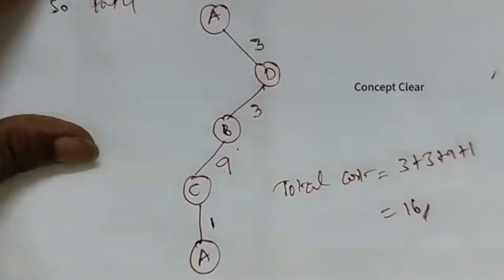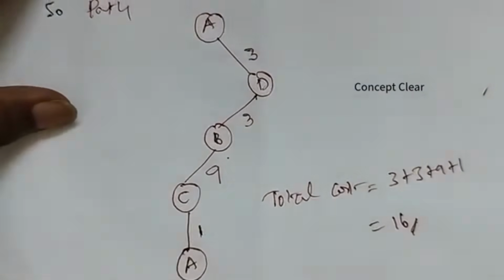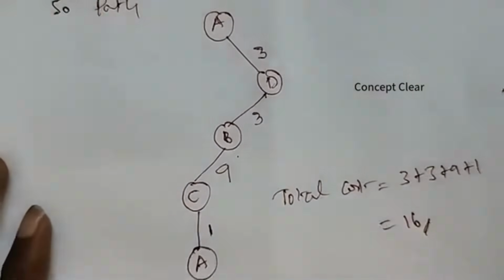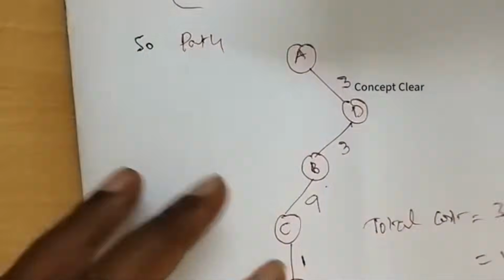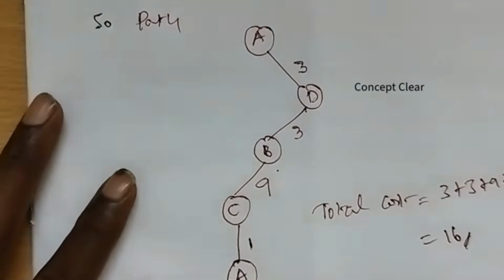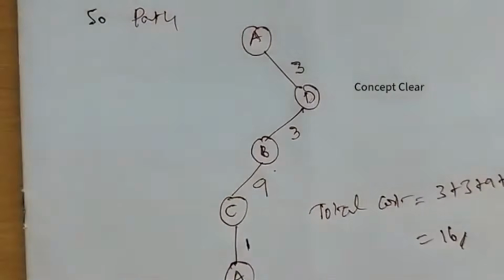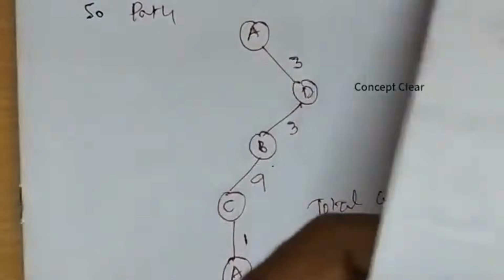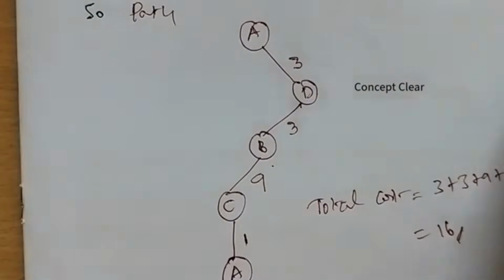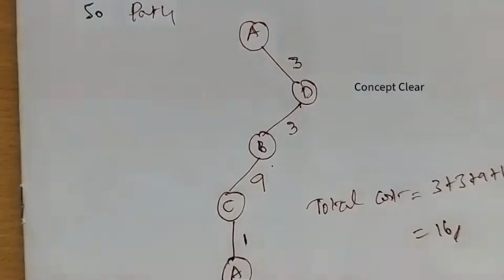So according to our example, if a person has to travel as a traveling salesperson from A to D, D to B, B to C, C to A, then he will get the total cost of 16.